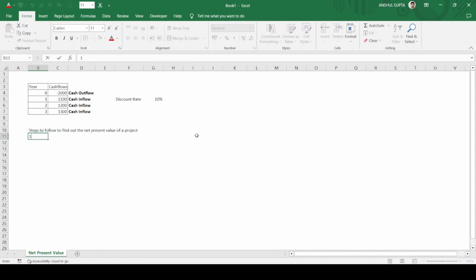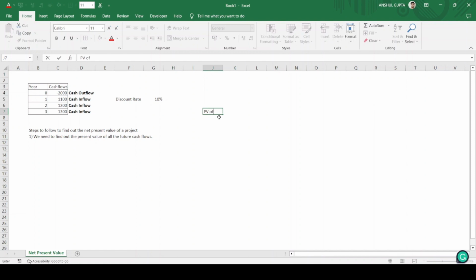Moving forward, the first step is we need to find out the present value of all the future cash flows. So before proceeding to the next steps, let's perform the first step.